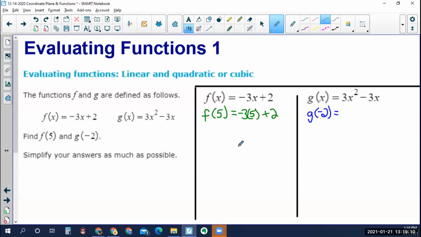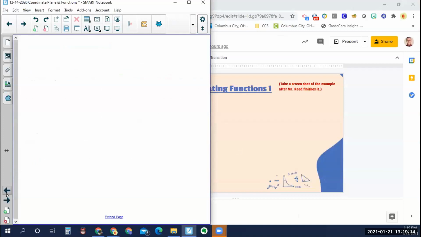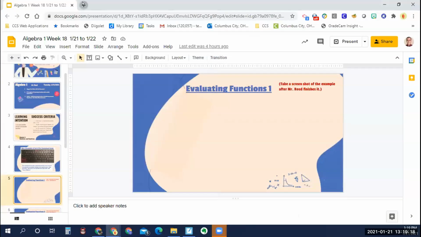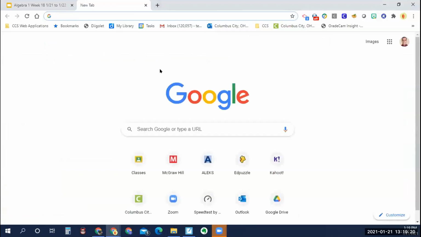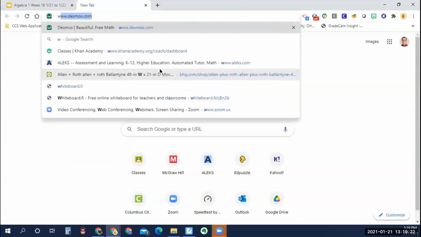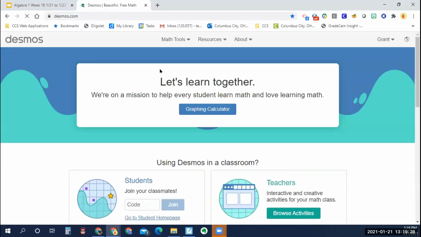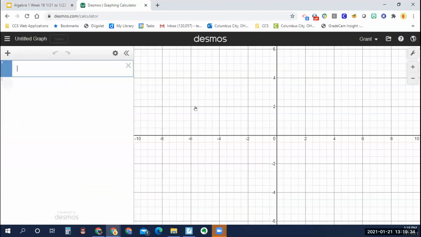So I've done that, and then I want to make sure that we remember our good friend Desmos. So I'm going to my browser and typing in www.desmos.com. When I do that, I get this banner, and the graphing calculator blue button is what I'm after.